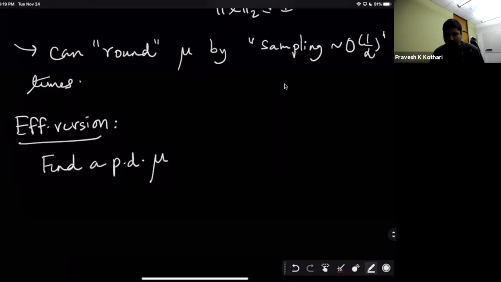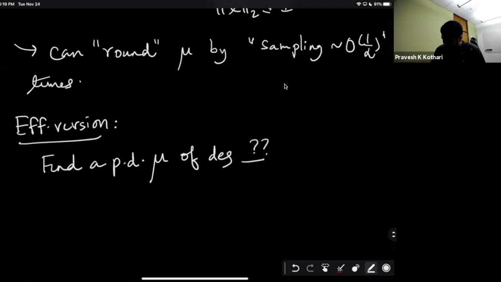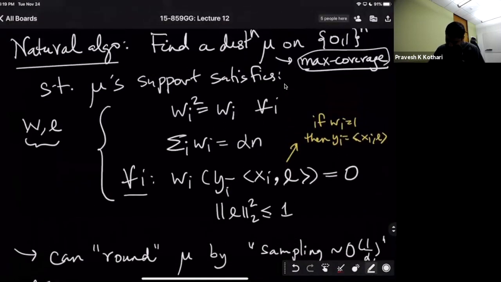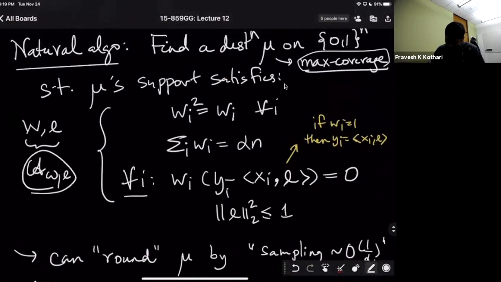Okay, so the first thing we're going to do is not try to find a distribution, but a pseudo distribution, of what degree we'll see in a second, that minimizes and satisfies, let's call these constraints A sub WL.